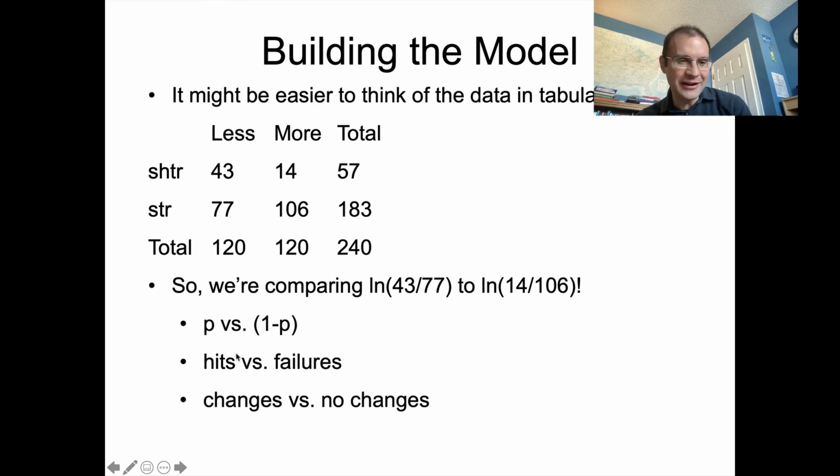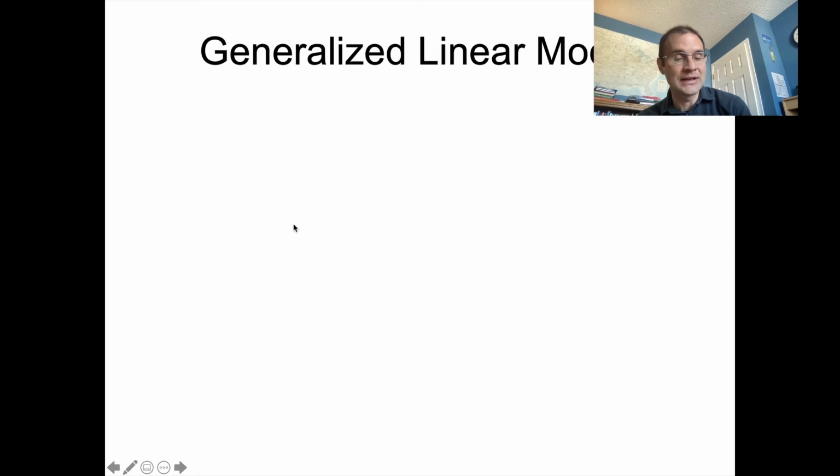I've got a variety of different ways of describing the two parts of the ratio that we're comparing: P versus 1 minus P, or hits versus failures, stras to stras, changes versus no changes, and so forth. But it's this ratio that's the important part, not 43 divided by 120 or 14 divided by 120. It's 43 divided by 77 or 14 divided by 106 that matters.